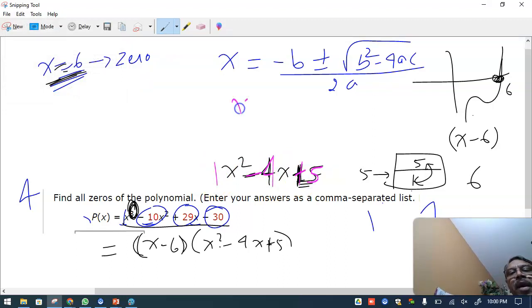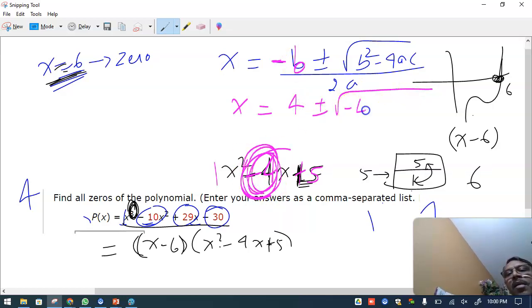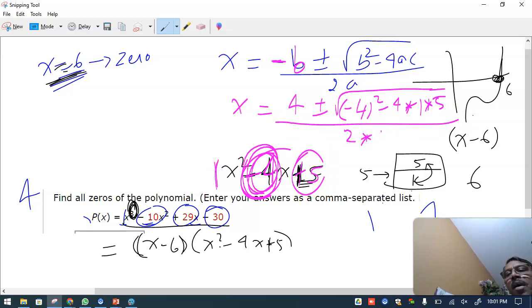So therefore x equals the opposite of b. So this is minus b, but because b is already negative, the negative becomes positive. So it's just a plus 4, minus the square root of negative 4 squared, which we'll write out. So a is 1, and c is the number by itself, that is 5, and divide by 2 times 1, because a is 1.